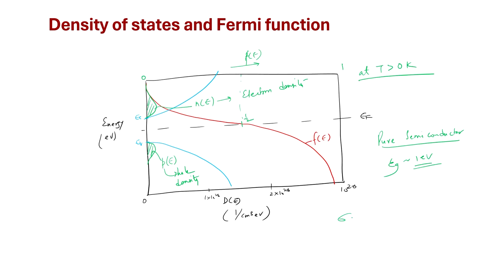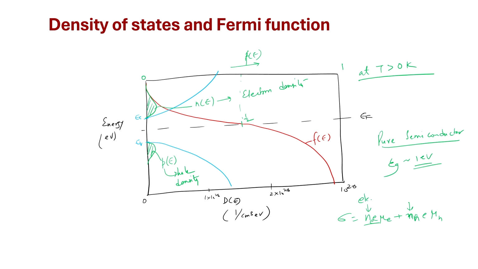This is a very important point because now we are able to calculate the carrier density. So, if you are able to calculate the carrier density, sigma is equal to Ne e mu e plus Nh e mu h. We can calculate both Ne and Nh.